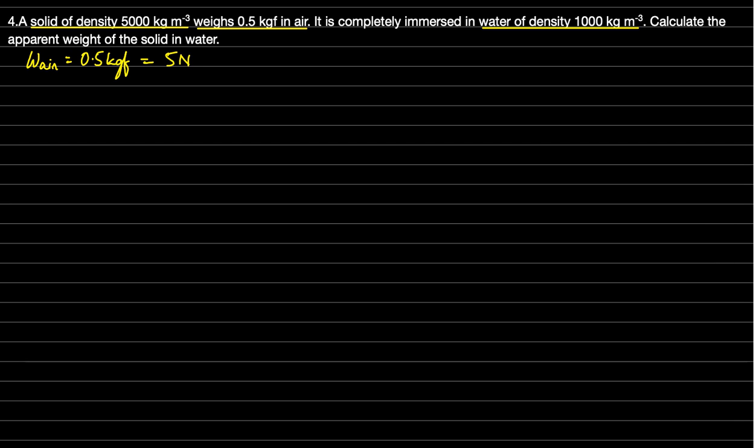So weight in air is 5 newtons. Density of the solid is already given in SI units, so rho S is equal to 5000 kg per meter cube. Density of water, rho W, is equal to 1000 kg per meter cube. We need to calculate the apparent weight of the solid in water.